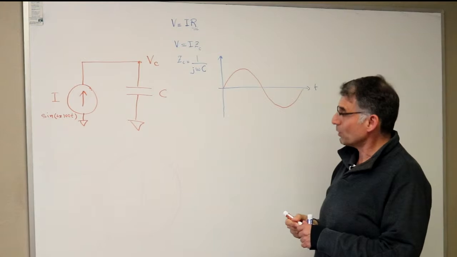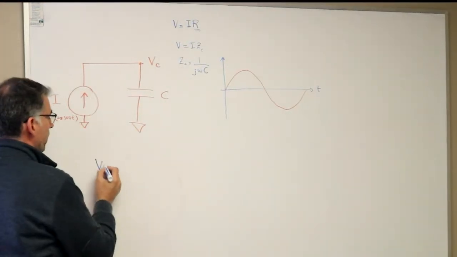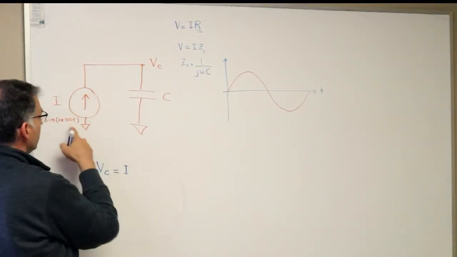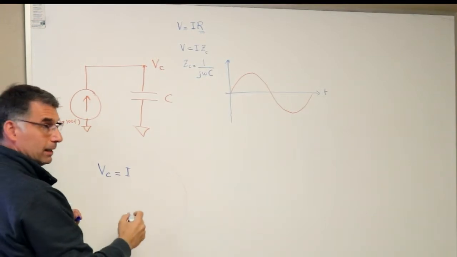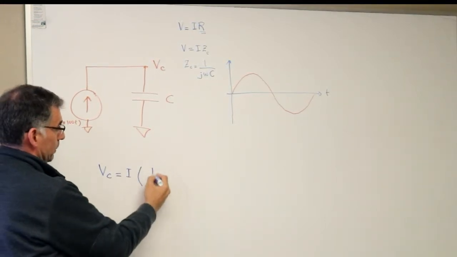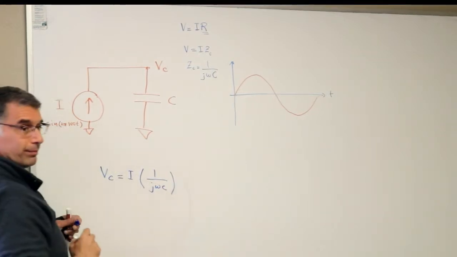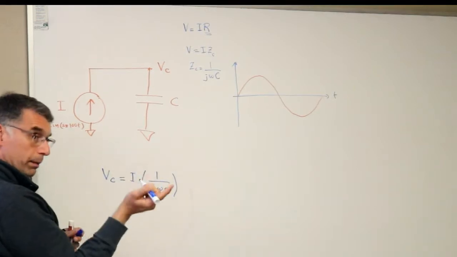So if I want to now find the voltage across the capacitor, VC, I have I times this ZC, which is 1 over j omega C. And normally we like the j to be on the top.